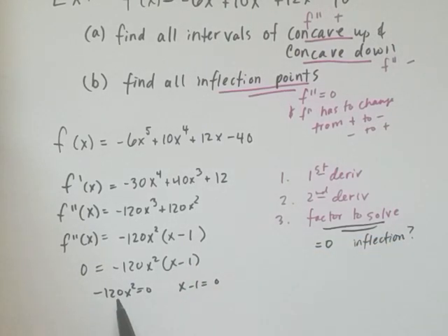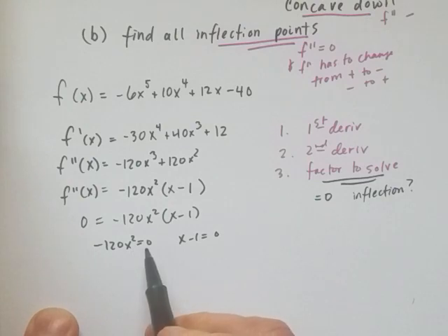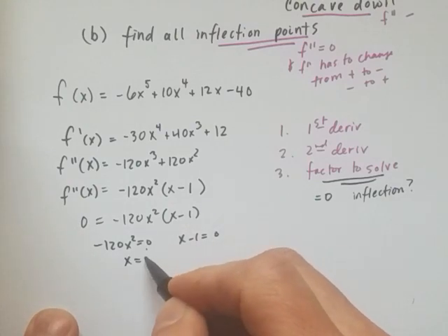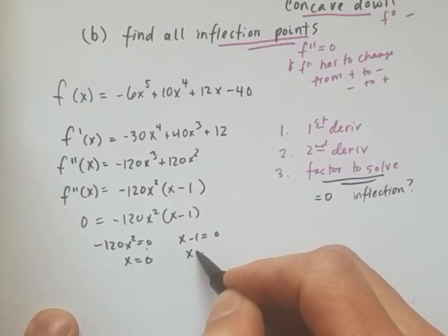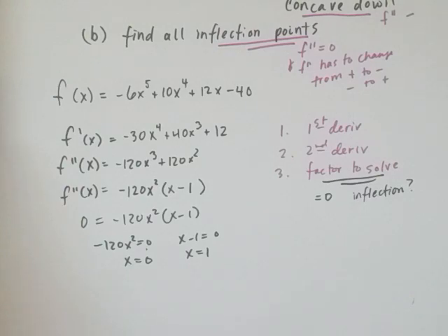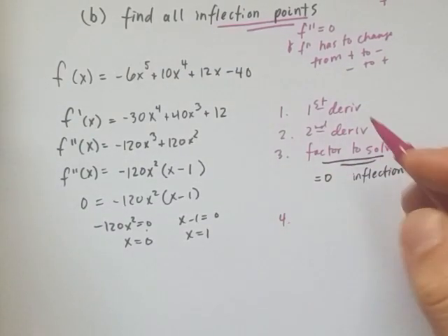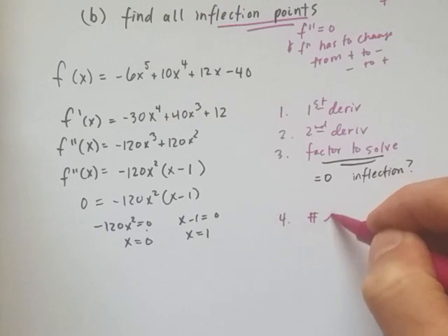For this one, I would divide by 120, and then square root, which is still going to be 0. And if I add 1 to both sides over there, I get x equals 1. So these are possible inflection points. To be sure, we have to know if it's changing from negative to positive or positive to negative. So just like before, we're going to make our number line.